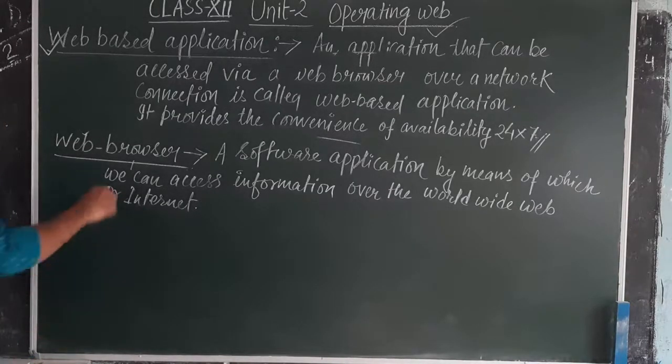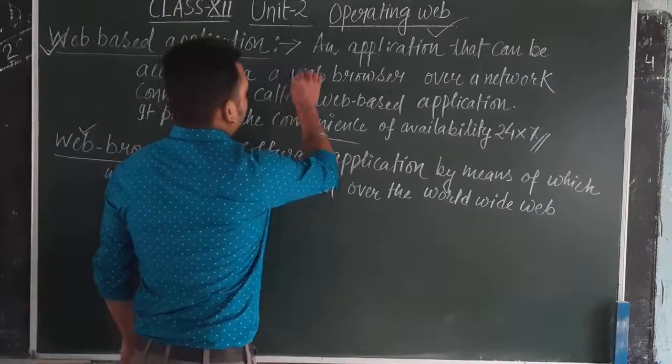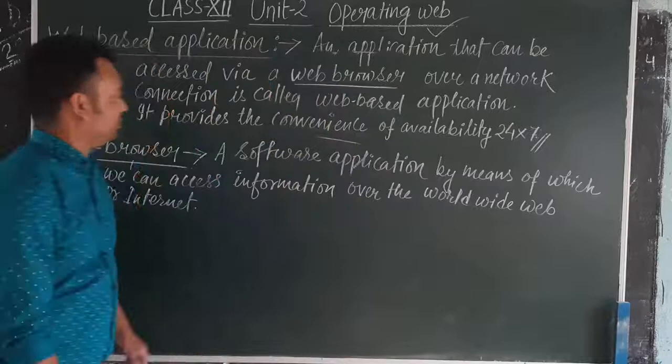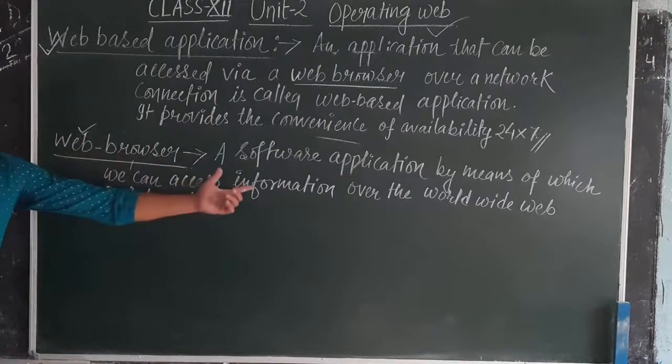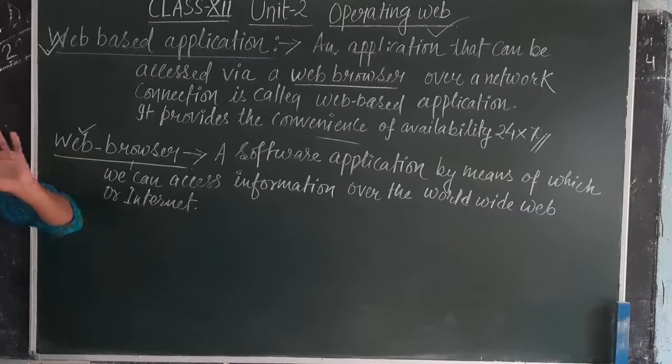Now, what is a web browser? A term came up in our definition of web-based application, that is web browser. A web browser is a software application by means of which we can access information over the World Wide Web.